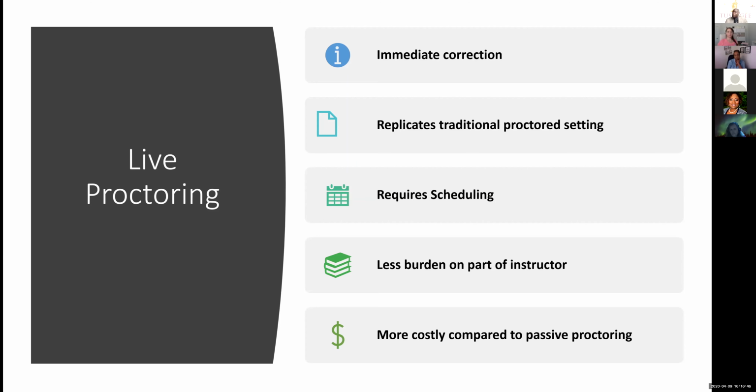Of course, it's more costly compared to passive proctoring, because the companies have to hire trained proctors to proctor maybe 1 to 4 students.